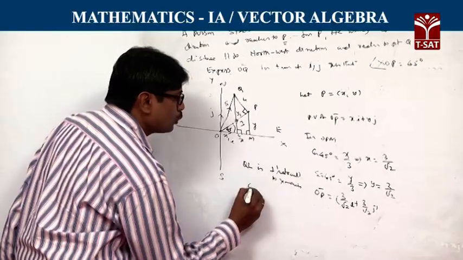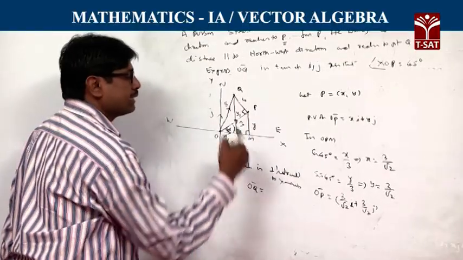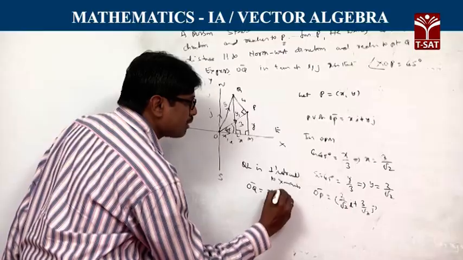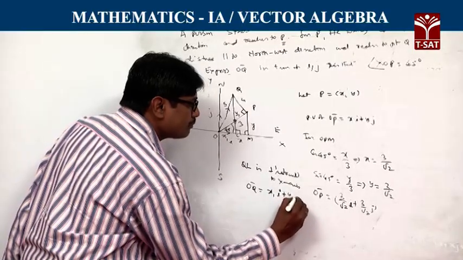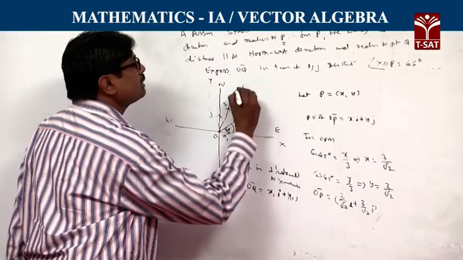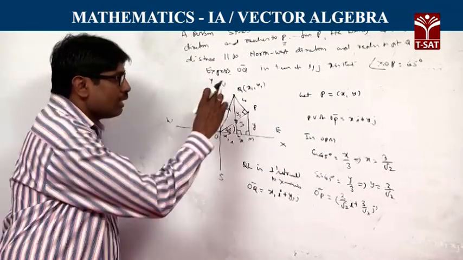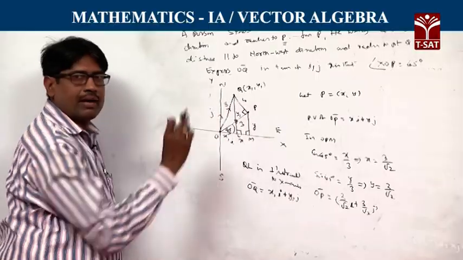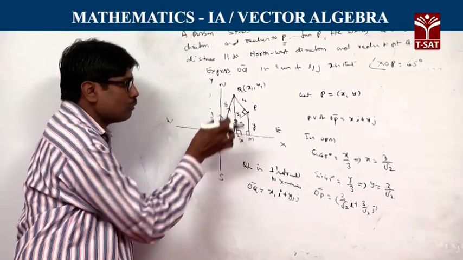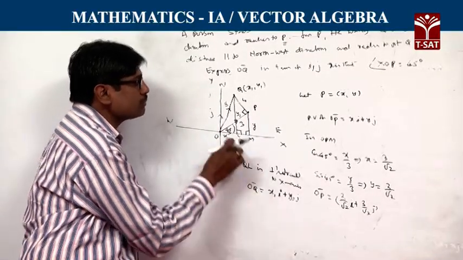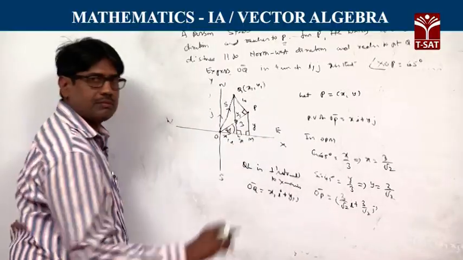So OQ bar is equal to x1 times i bar plus y1 times j bar. We took the coordinates of Q as x1, y1, and the magnitude of OQ bar is already known.